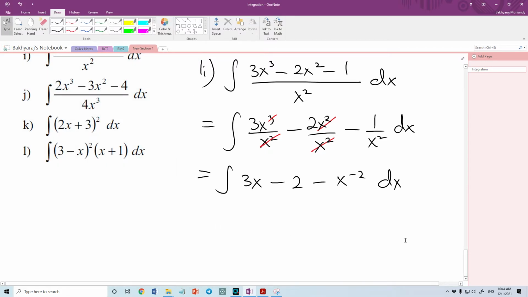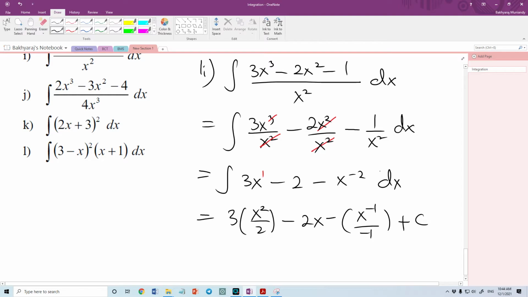So 3, the power of x is 1, so x to the power of 2 over 2, minus, the constant we just add x, so you get 2x, minus x to the power of negative 2, you plus 1, you get negative 1 over negative 1 plus c.